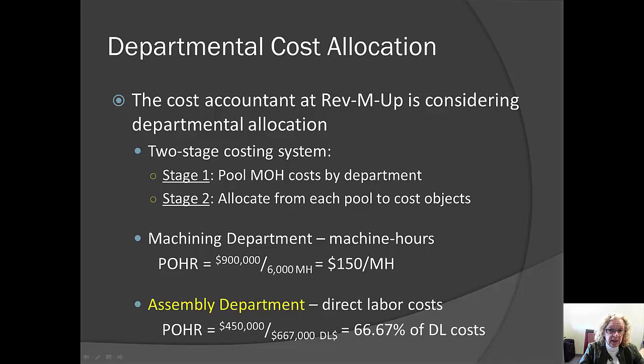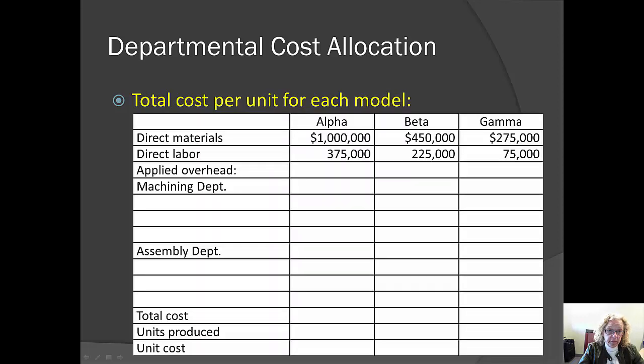Let's see how this system works out for RevEm. We already know the direct materials and the direct labor costs. Those are traced, they're not affected by our allocation method. We need to think about the allocated overhead.